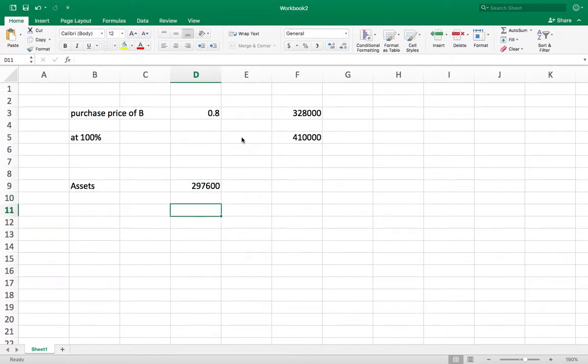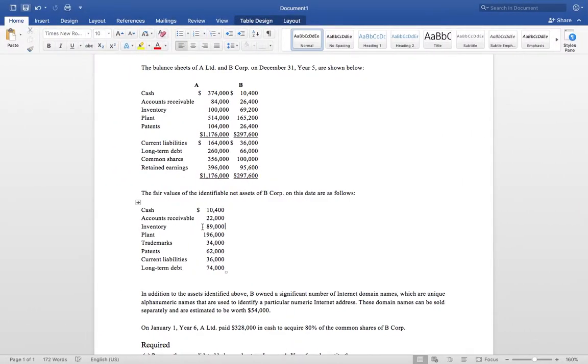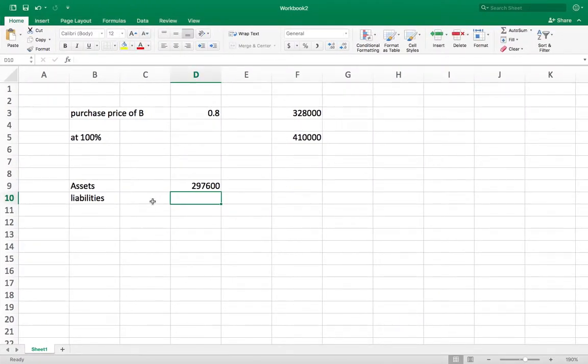Their liabilities were 36,000 and 66,000, so 36 plus 66 is 102,000.